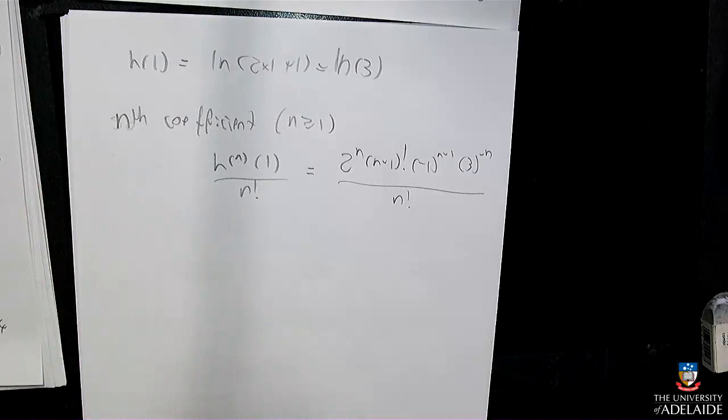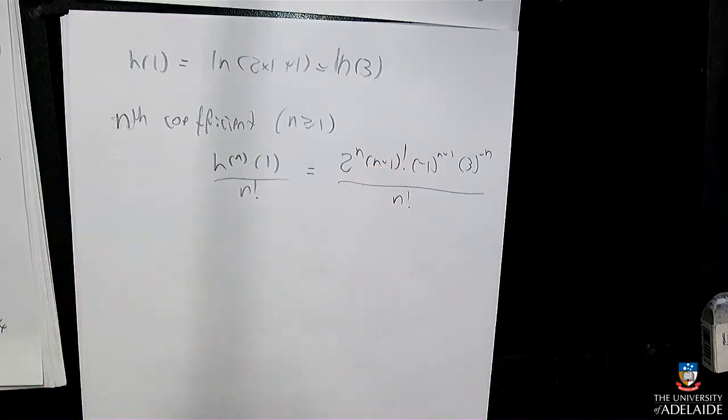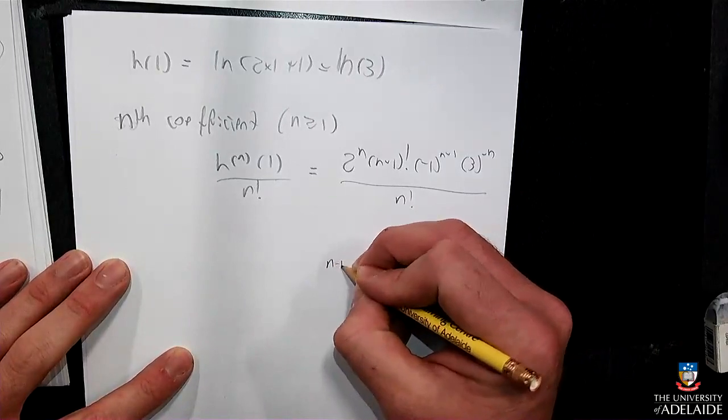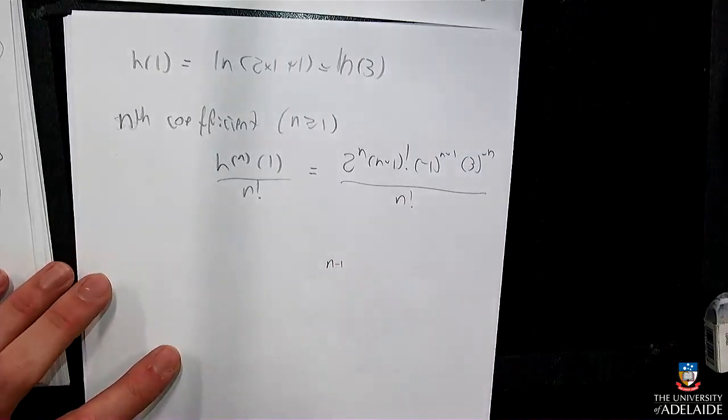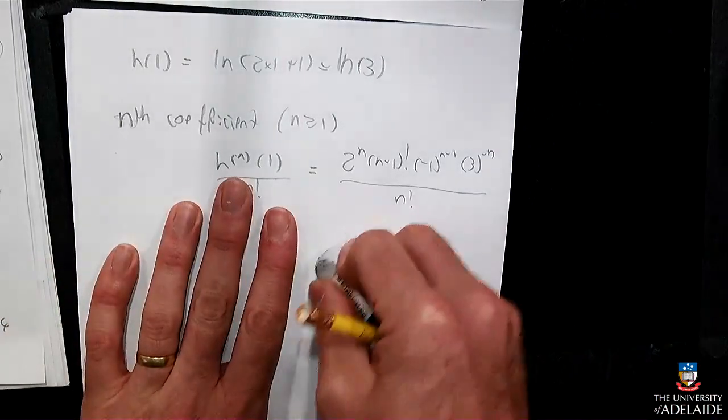So lots of people by this stage of Maths 1B have just got a rule that they follow that tells them that the n minus 1 factorial on the top and n factorial on the bottom cancel to just give an n on the bottom. But I'm going to put the reasoning in for that. So there's two types of reasoning. Here's one of them, the one that I like the most.